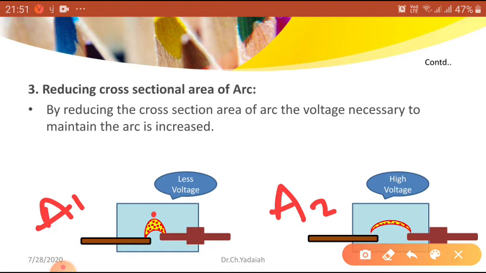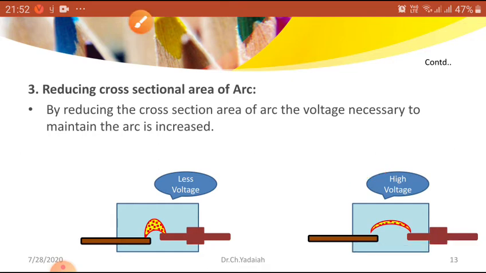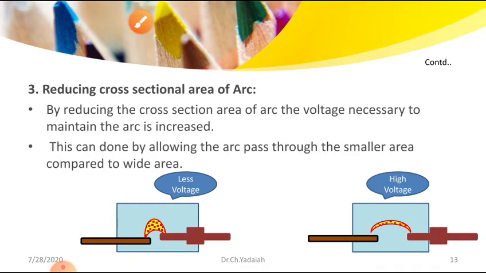Once you reduce it, the voltage is insufficient to maintain the arc. This is the thing you have to remember. Now you can see another one. This can be done by the following: the arc passes through a smaller area compared to the wider area.